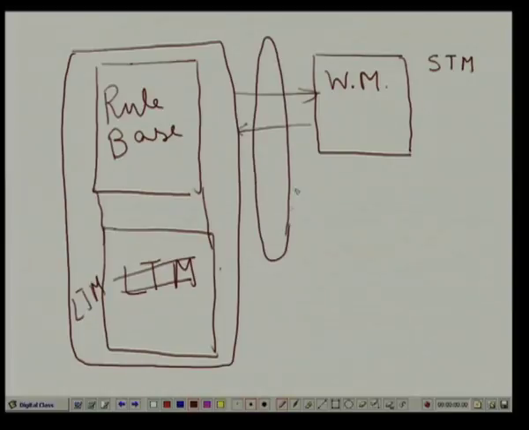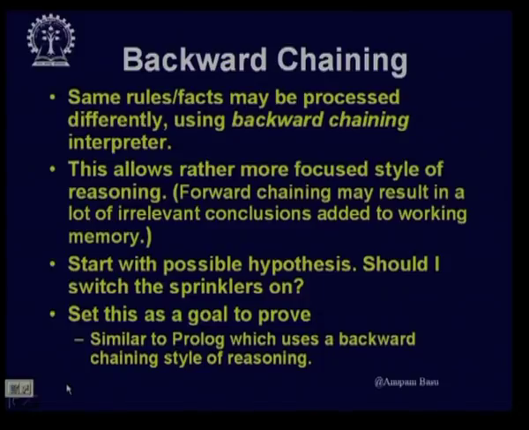So, the inference machine is sitting over here, which is looking at the working memory and the rule base. The facts are added to the working memory and deleted from the working memory. Okay. So, about this working memory, we are till now saying that it is a fact base, but we also mention it as a working memory.